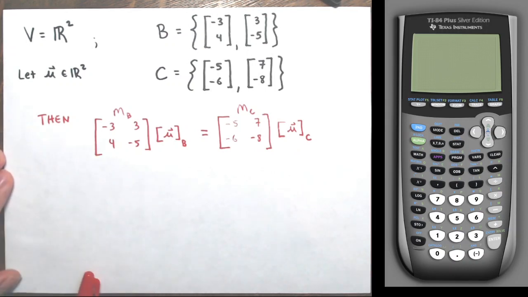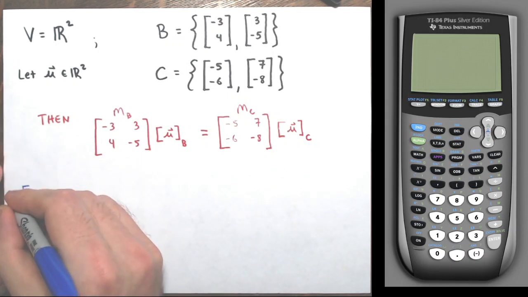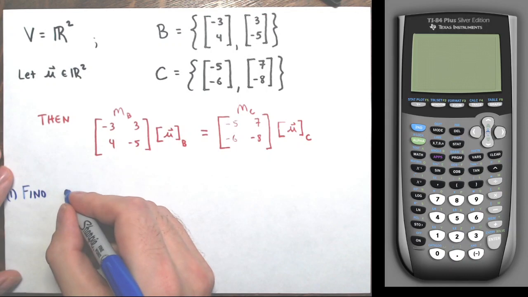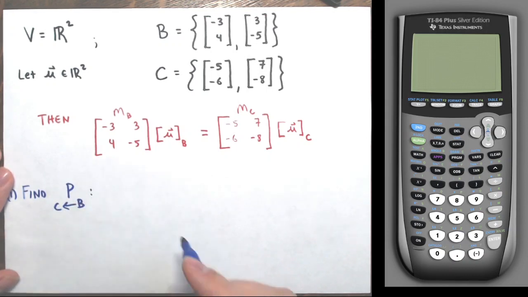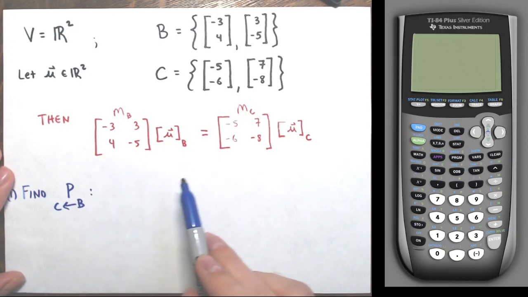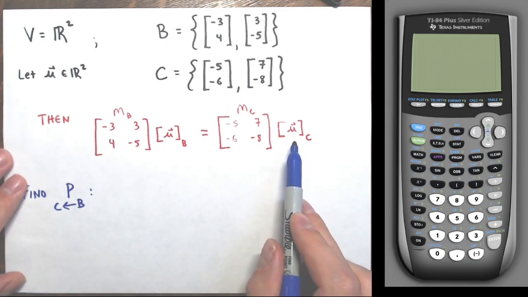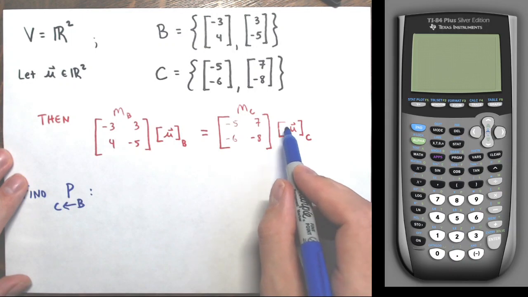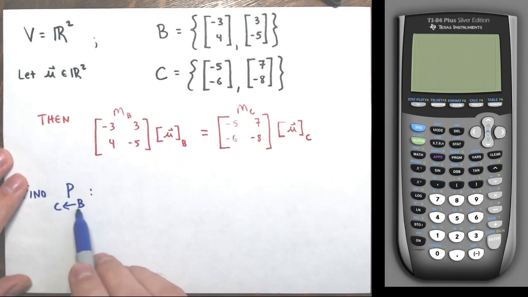let's do part one, find the transition matrix from B to C. That means I know B, and I want to solve for C. So this time I'll do that augmented matrix thing, where I have C on the left, B on the right.